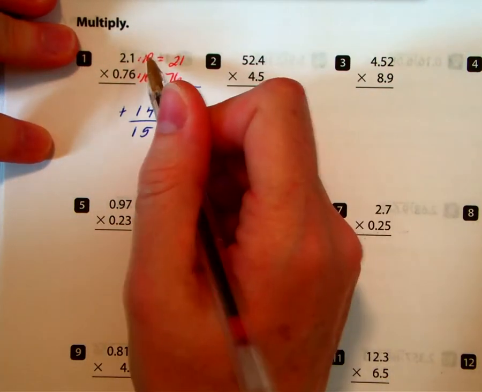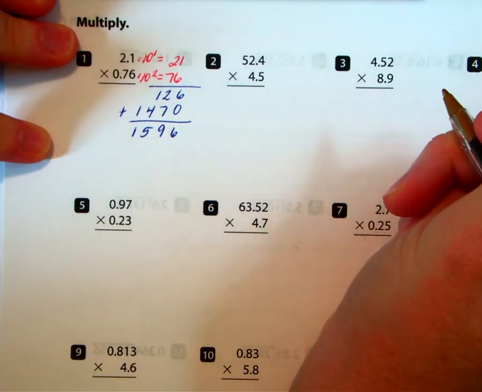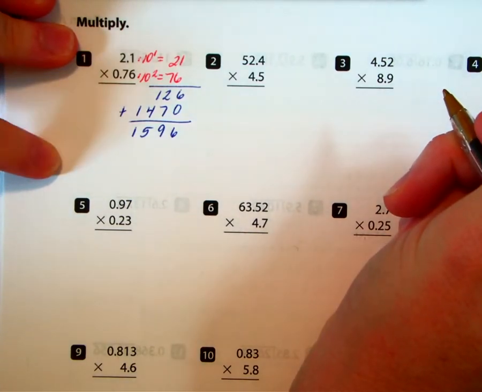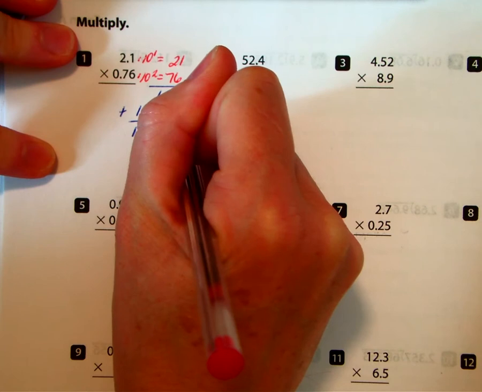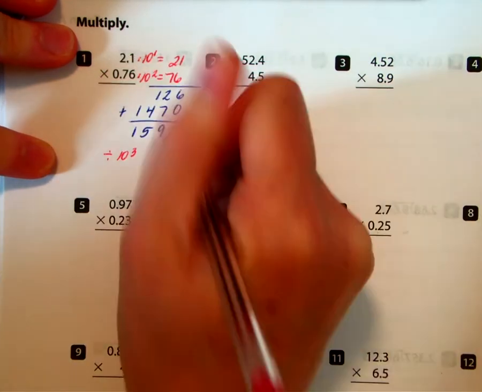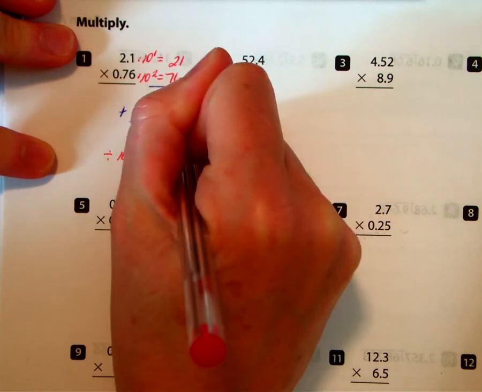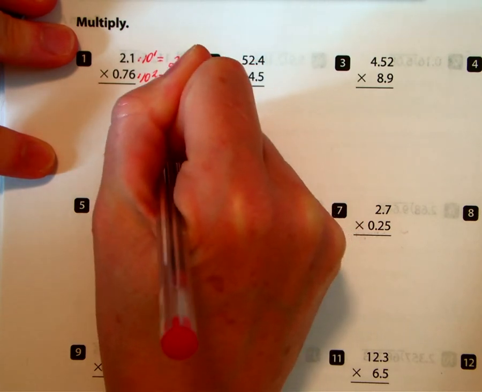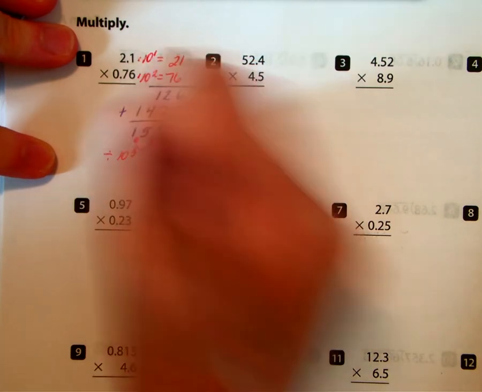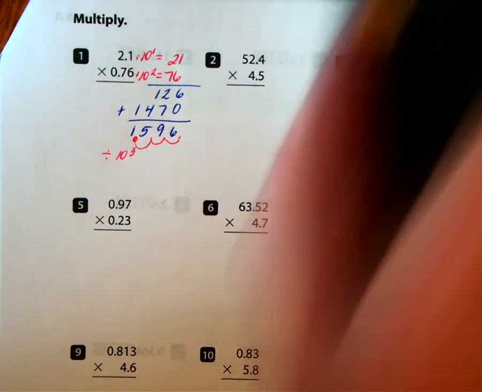If you multiply by 10 to the first power and 10 to the second power, you multiply by a total of 10 to the third power. So now I have to divide by 10 to the third power to bring the decimal back. If the decimal is currently here, divide by 1, 2, 3 powers. So our answer should be 1 and 596 hundredths.